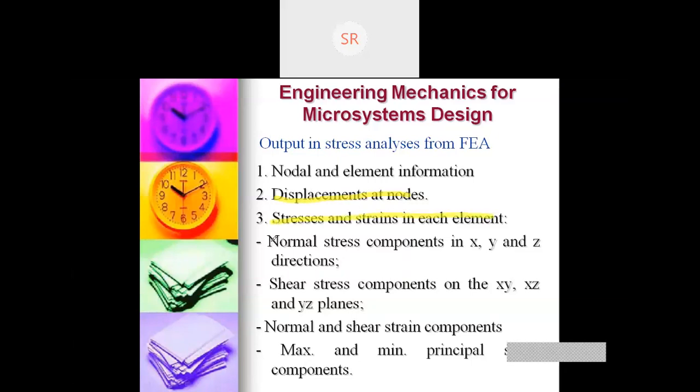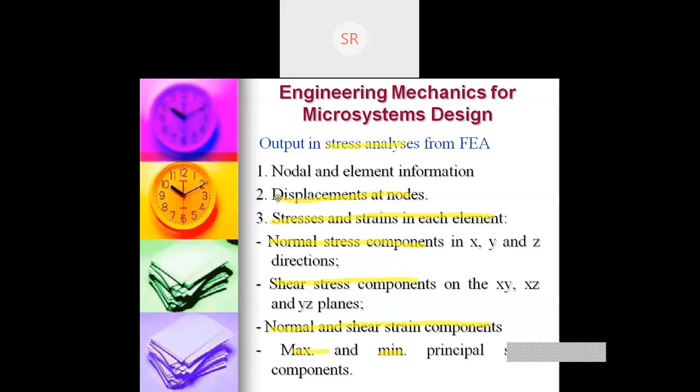That can be a normal stress in the x, y, z direction, can be shear stress, and can be normal and shear strain components. Where is the maximum stress happening? Where is the minimum stress happening? So all these things I'll get. So these are all the outputs in the FEM if my analysis is stress analysis.